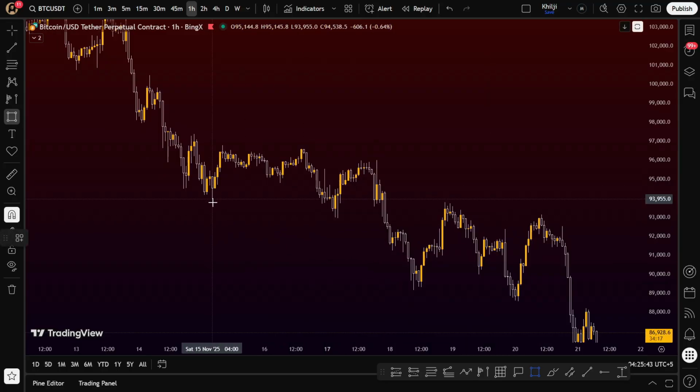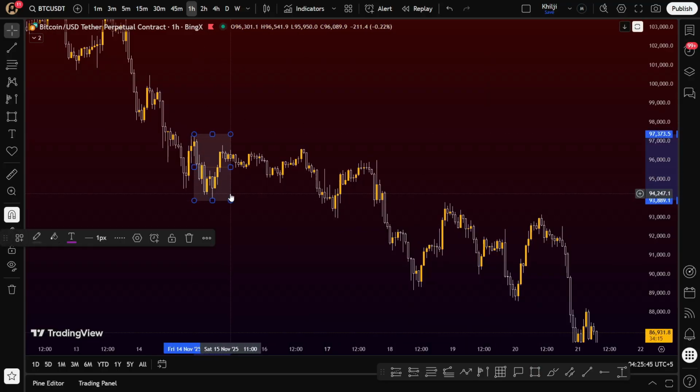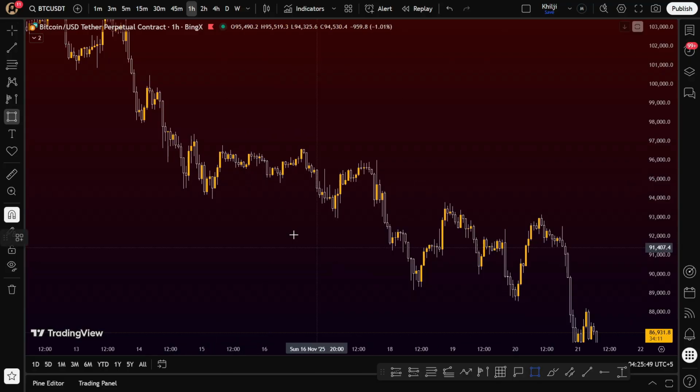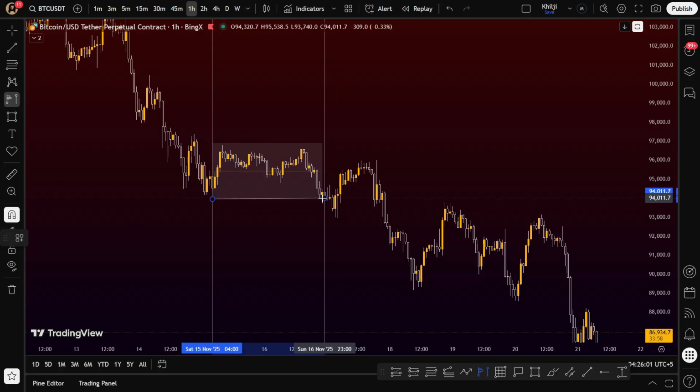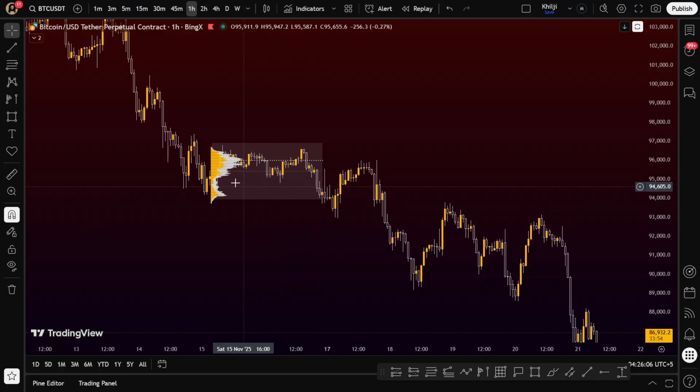we had another zone. Oh, was this a zone? Sorry. This was the zone, right? Where did we break it? Over here. And what I'm going to do is pull my volume profile until it breaks, and we will have our point of control around here.